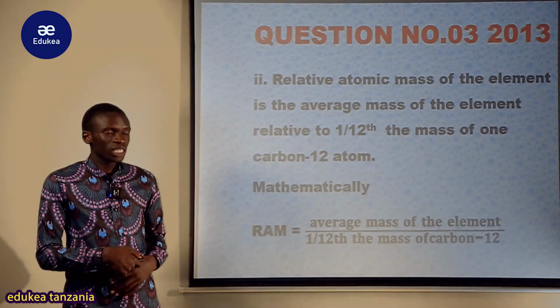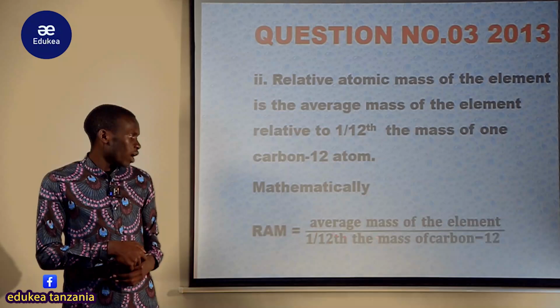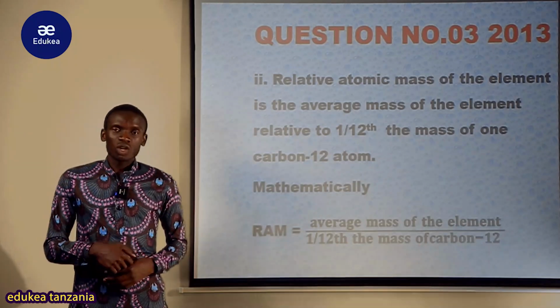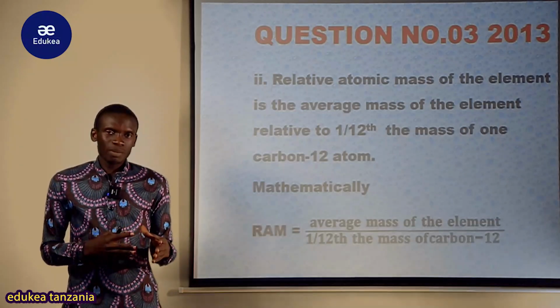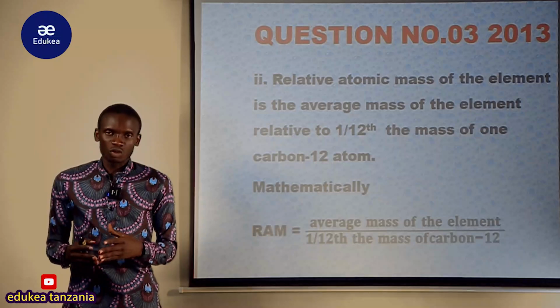Mathematically, it is represented as the average mass of the element over 1/12 the mass of carbon-12. So relative atomic mass compares the mass of the element and the mass of carbon-12.